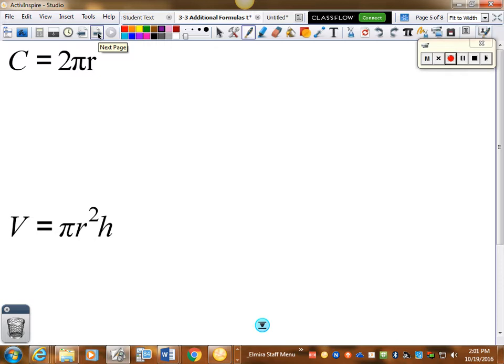All right, let's do the next one. The only thing I can solve for is r. All right, what's happening to r? R is multiplying by 2 and pi. Because we're multiplying by two things at the same time and they're the same operation, we don't have to list them as separate steps.